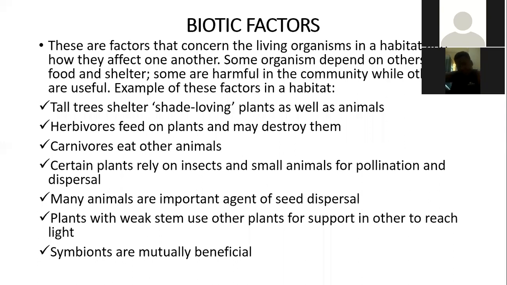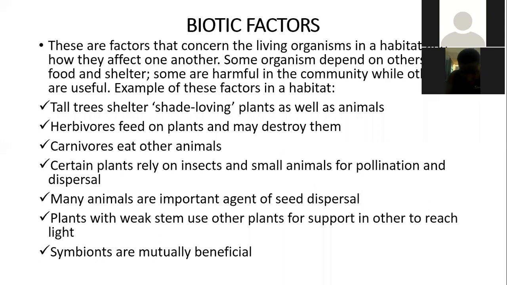Now, let's use the chat button. I want each one of you to give me an example of one, a herbivore, and two, a carnivore. I explain a herbivore as an organism that eats only plants or plant produce. Then a carnivore is an organism that eats or depends on only flesh for its survival. So I need you to give me one example of each.